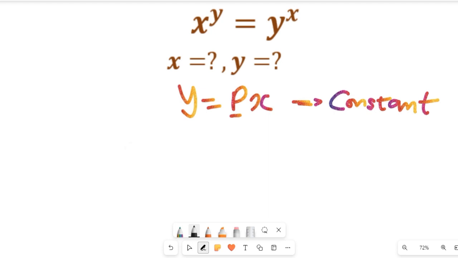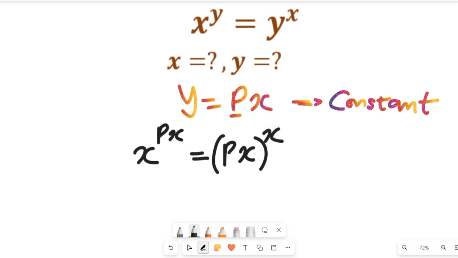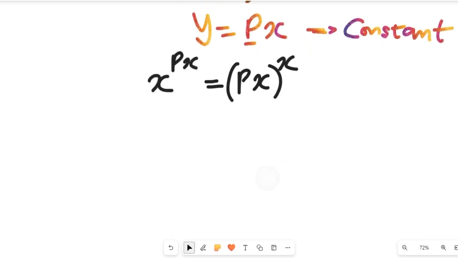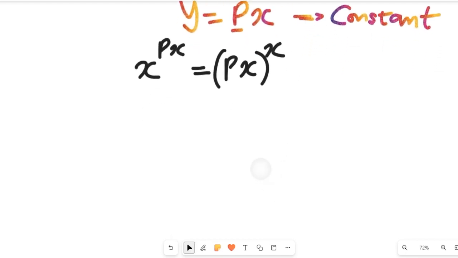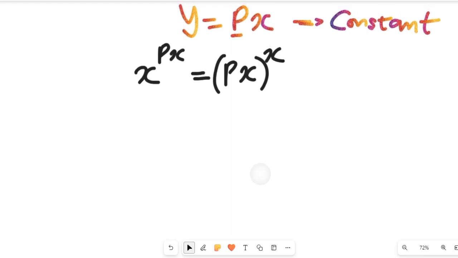So this expression will now give me x to the power of px equal to px all to the power of x. Great. So if I have this, the next thing I'll have to do is to look for how to simplify this. Now, to simplify this, let's take the square root of both sides.